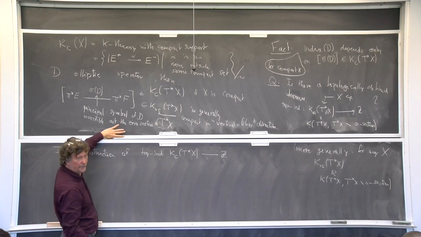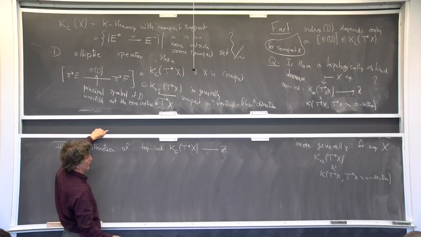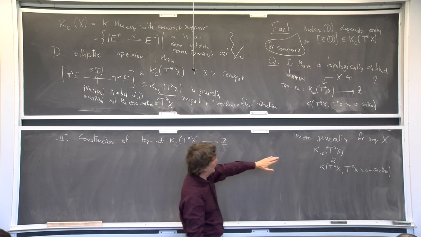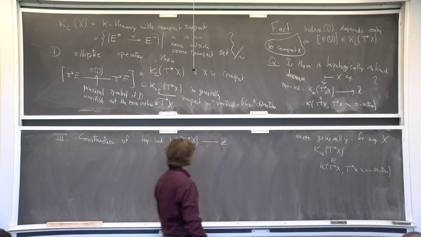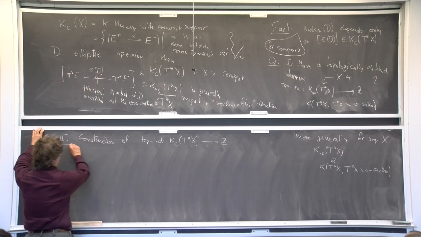Pretty good. But for non-compact X, we of course don't expect to have this map to Z, right? So how do we construct this?